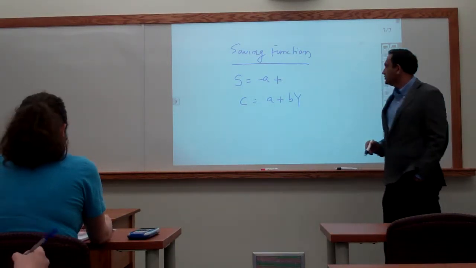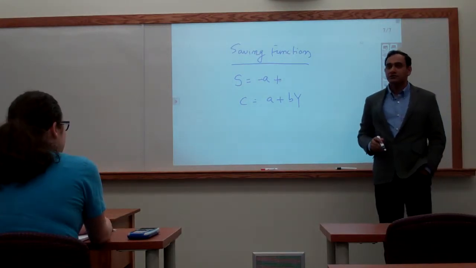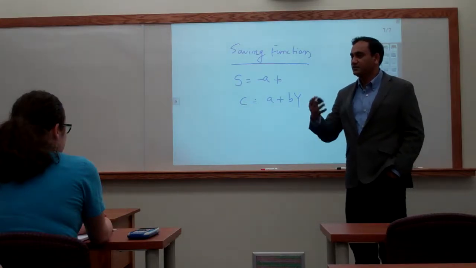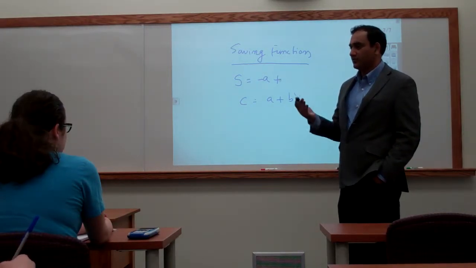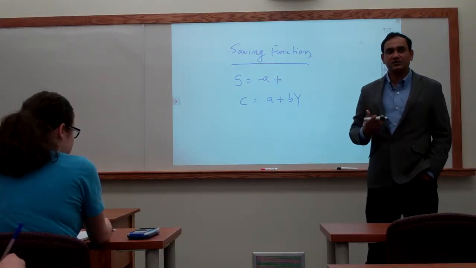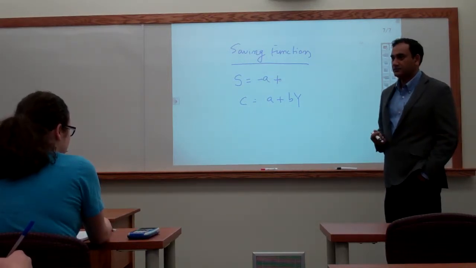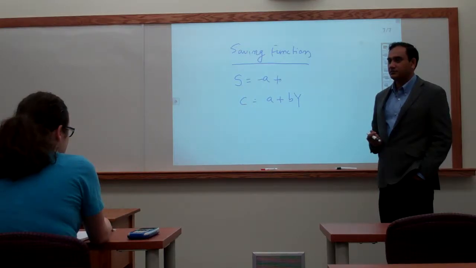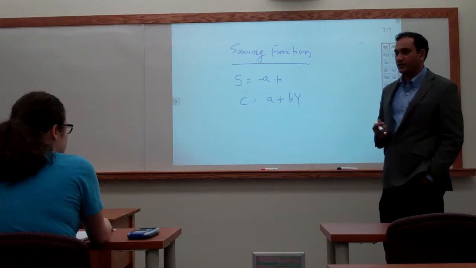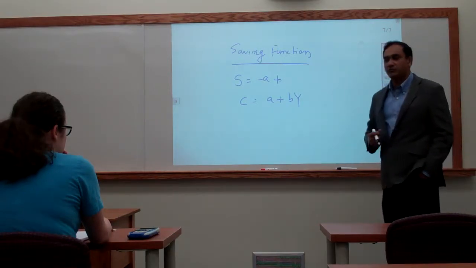And then, what is the relationship between savings and income? As income increases, your saving will also increase, right? Positive. But what is the slope of saving function? MPC was the slope of consumption function. So what is going to be the slope of saving function?